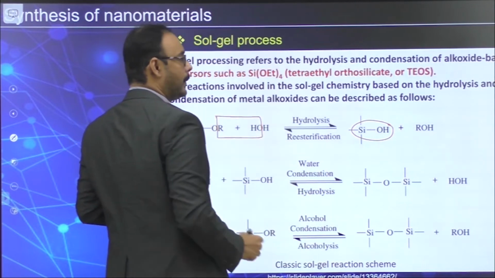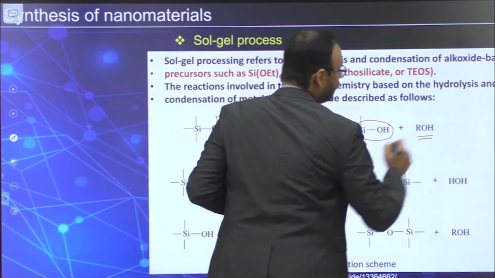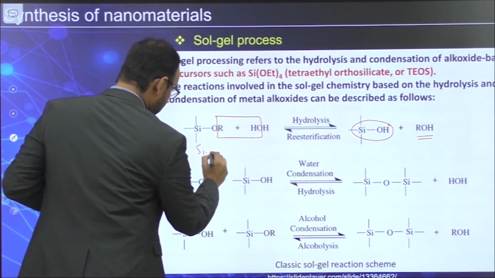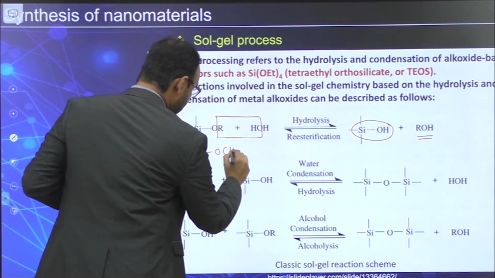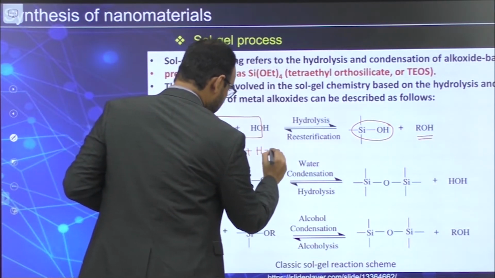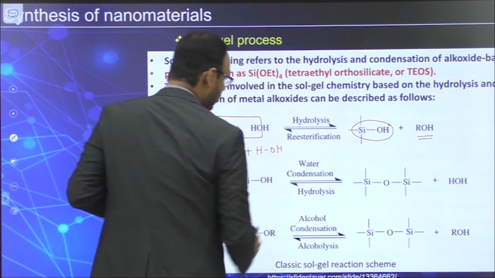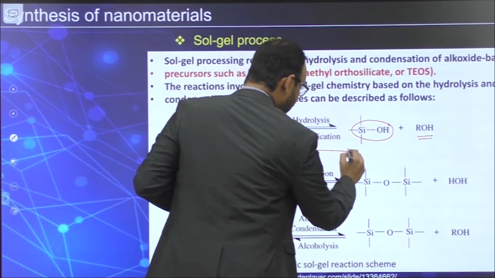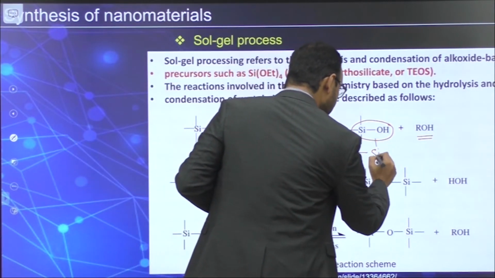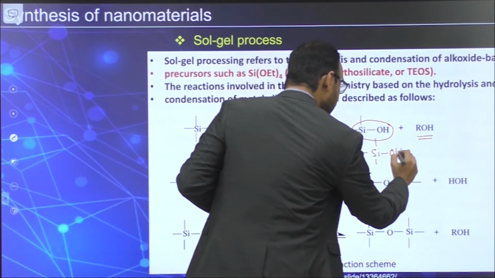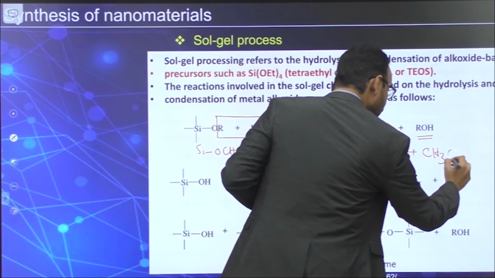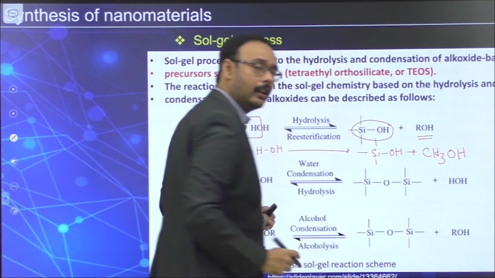And your byproduct is ROH. So if this is, let's say, OCH3, if you have water, and if it undergoes hydrolysis, then you are going to form SiOH plus methanol.